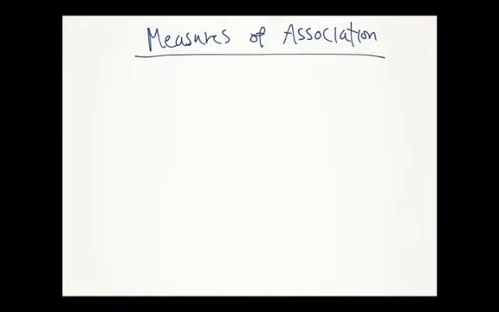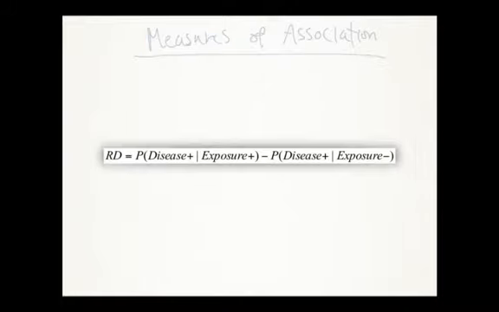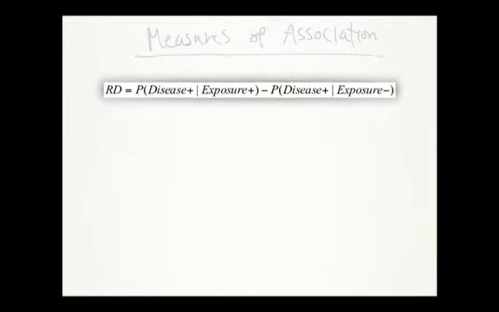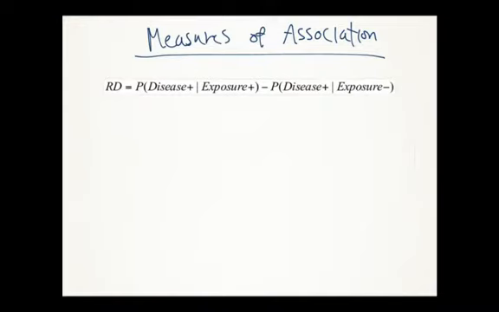Okay, so let me pull up one here. Okay, this is the risk difference. Okay, so if I'm looking at the probability of disease among the exposed, and then I'm subtracting the probability of the disease in the unexposed, that gives me the risk difference. Okay?